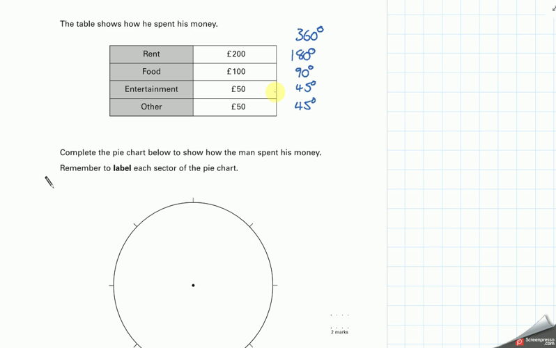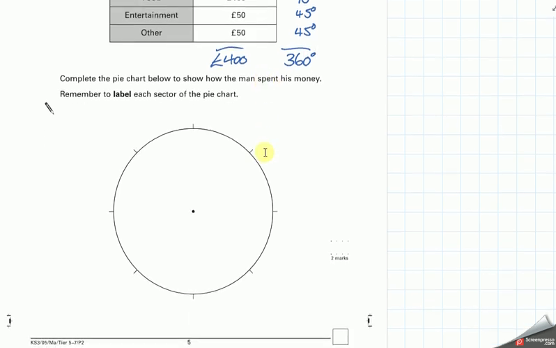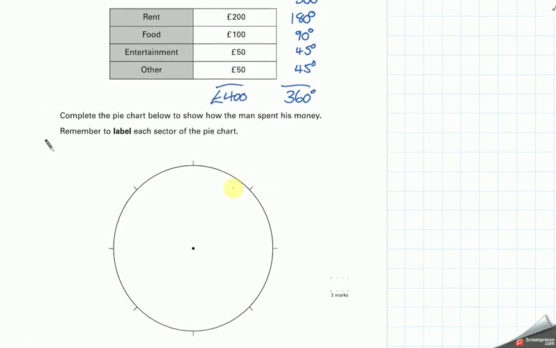Right, I have the right numbers. Or you add these up and it says £400, and that must be the same as 360 degrees. Put it into the pie chart, hopefully with a pencil and a ruler. So going from the biggest part, that's the first half, goes right across the circle.